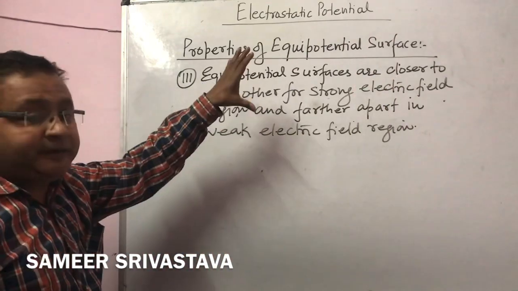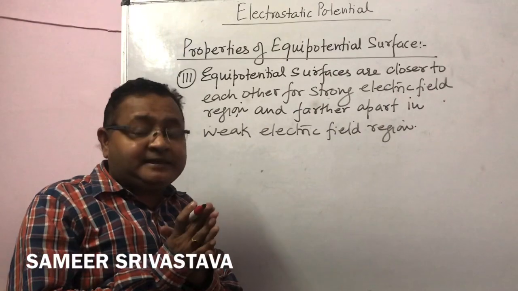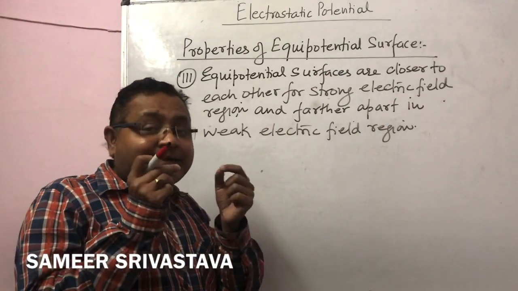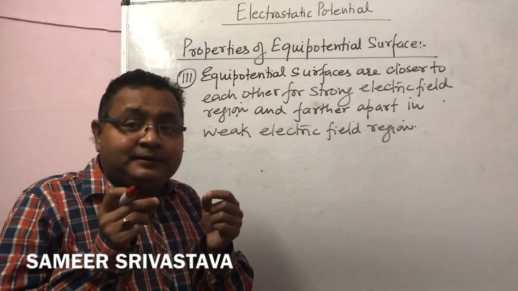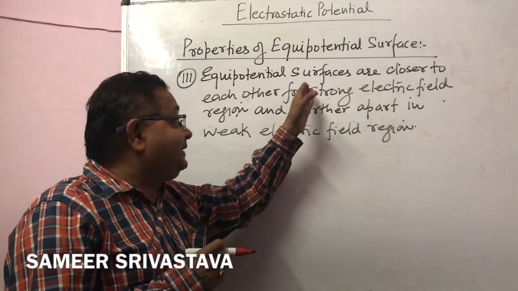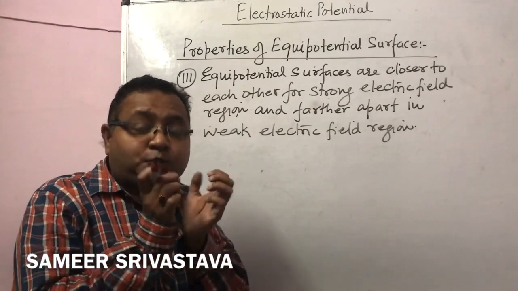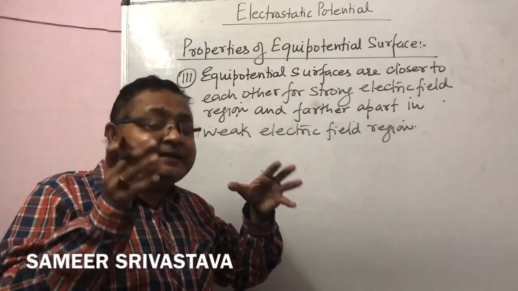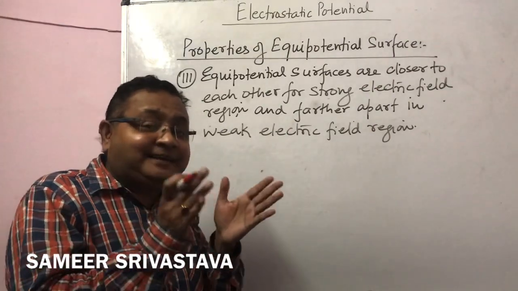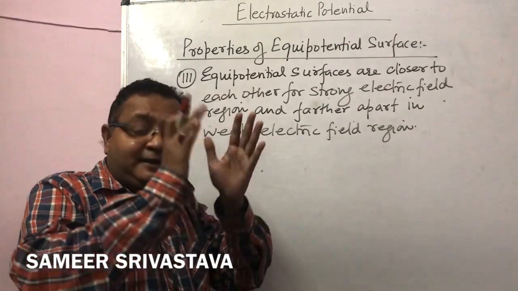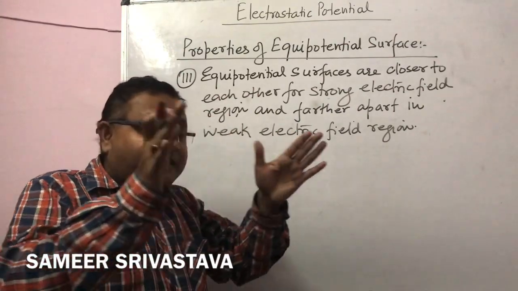What does this third property say? Where the electric field is strong, the equipotential surfaces are nearest to each other, closer to each other. And where the electric field is weak, the equipotential surfaces are farther away.